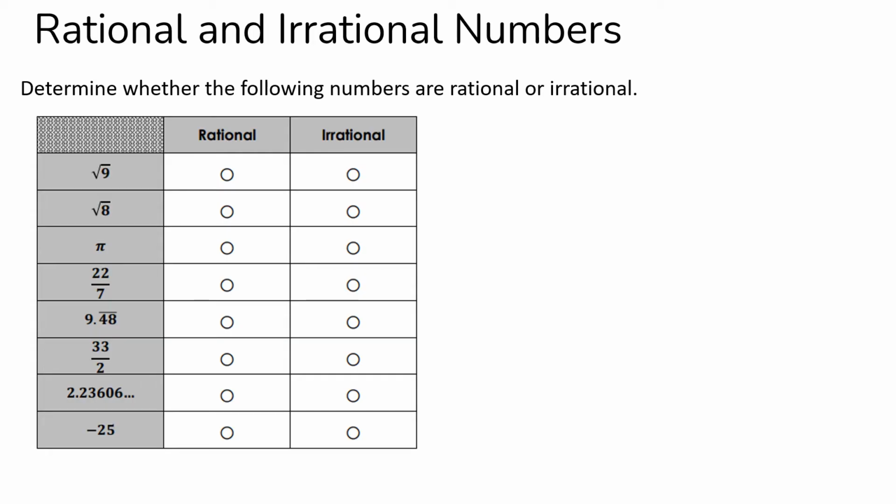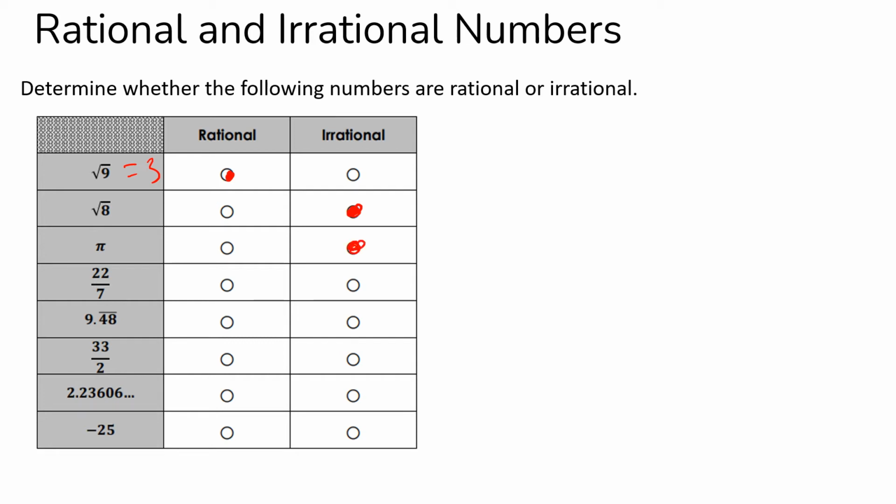All right, so let's look at this problem here. We want to determine whether the following numbers are rational or irrational. All right, so the square root of 9. The square root of 9 is 3, so that would be rational. All right. The square root of 8 is like 2.82847, and it actually keeps going, so that would be irrational. Pi is always irrational.